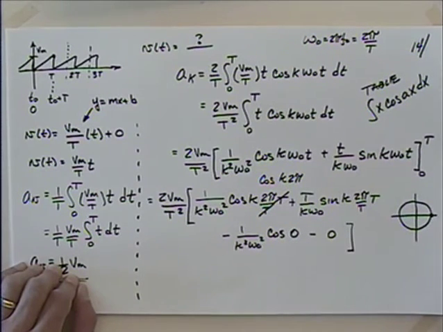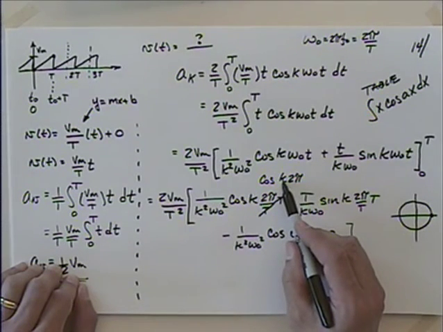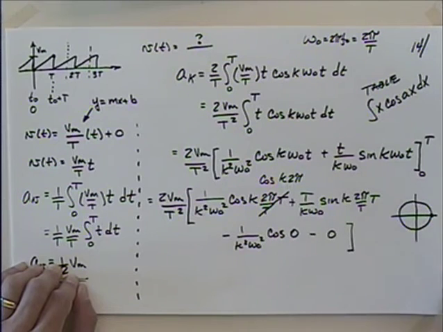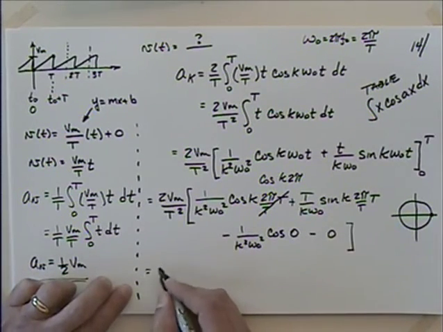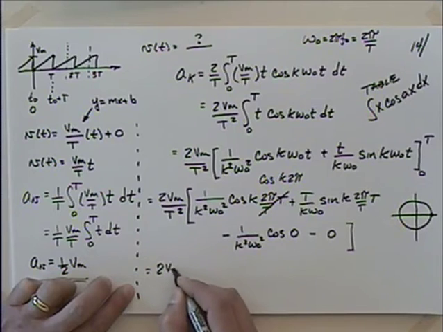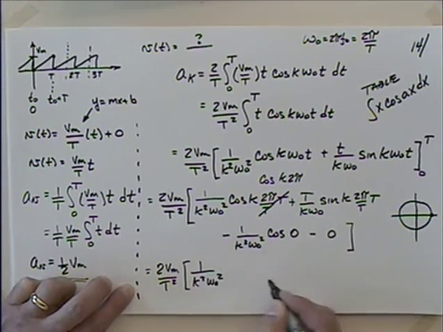What's the cosine of that? 1. Okay. When k is equal to 3, I get 6 pi. I'm back here. I'm always at this point, right? So this term is always 1. So I can say that I have 2 Vm divided by T squared. Looks like this is always 1, so I have 1 over k squared omega naught squared.